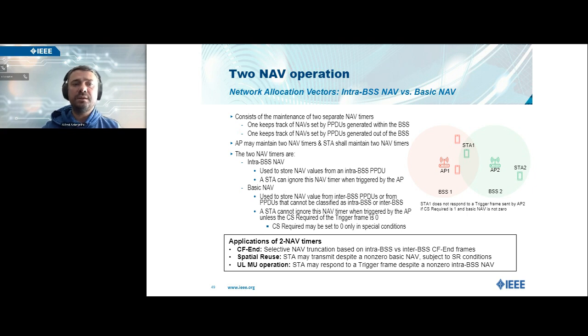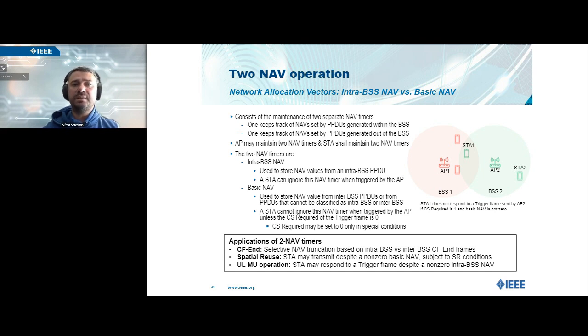If the station has the intra-BSS NAV set, it can ignore it if it is triggered by the access point. If a station only uses one common NAV, which by default is the basic NAV, then you are not going to be able to respond to a trigger by the access point, losing opportunities to transmit data in the uplink, even though those opportunities are there for you to use.